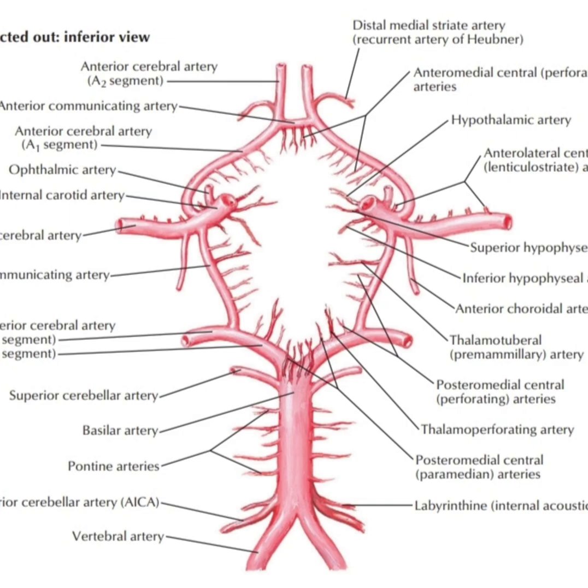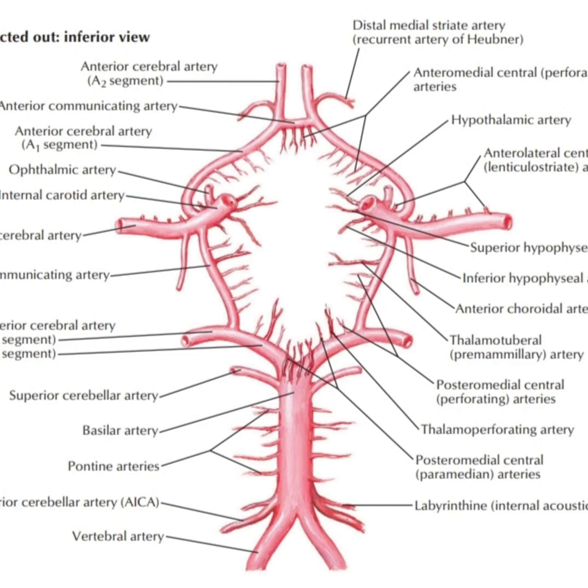The major branches are the middle cerebral artery, anterior cerebral artery, and posterior communicating artery. There are also some minor branches: the superior hypophyseal artery, choroidal artery, and ophthalmic artery. There are also the inferior hypophyseal and hypothalamic arteries.